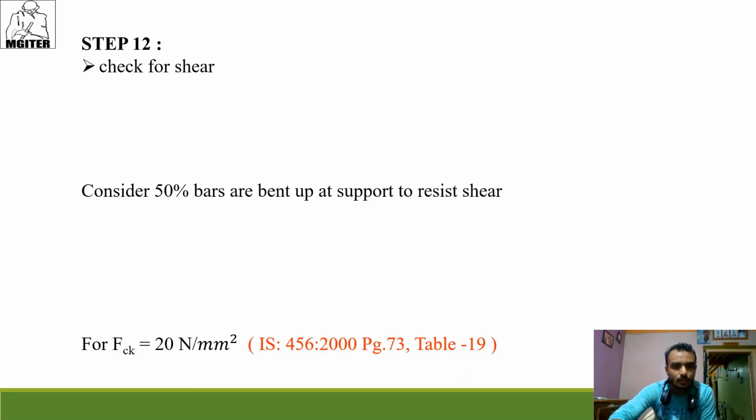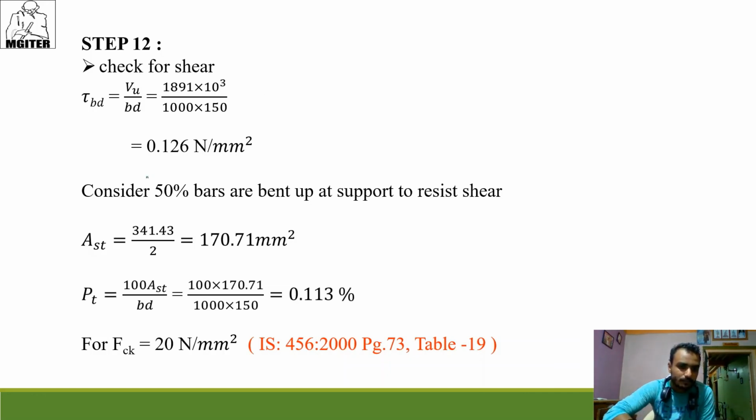Same value. Now the check for shear. Tau v is equal to Vu upon bd. So 1891 into 10 raised to 3 divided by 1000 into 150. So tau v is 0.126 Newton per mm square. Consider 50% bars are bent up at support to resist shear.